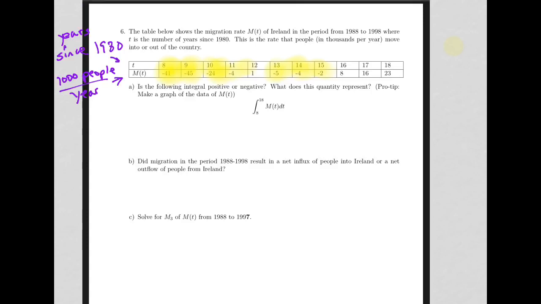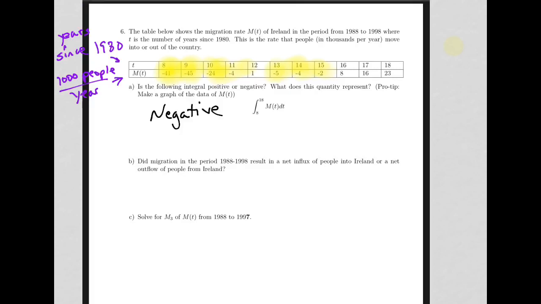And so I think that this integral is going to be more negative than positive. So overall, it'll be negative. If you wanted to, you could graph these and you could see like this would be the area under the curve, and you'll see that you'll have more things under the x-axis than above the x-axis, more weight there.